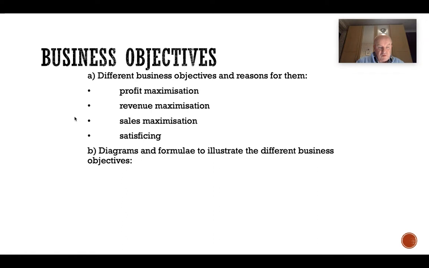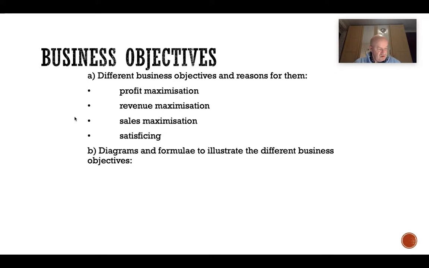The thing to bear in mind is that each of these scenarios, profit maximisation, revenue maximisation, sales maximisation, and satisficing, has diagrams to go with it. They are reasonably similar in that they demonstrate the same sort of thing, but something slightly different in each instance.